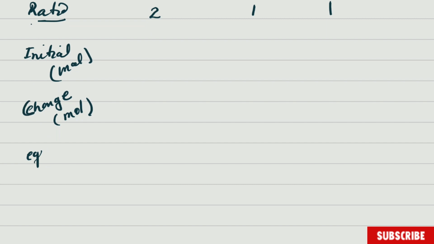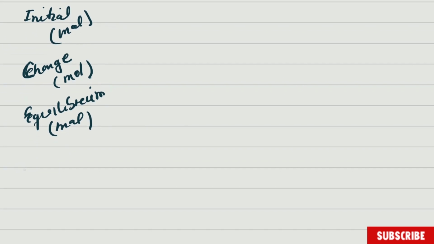Let's make it in capital letters. Equilibrium, also in mole, and then we're going to have once more equilibrium, but this is going to be concentration. So I'm going to write here equilibrium, but this one is in mole per decimeter cubed, guys.